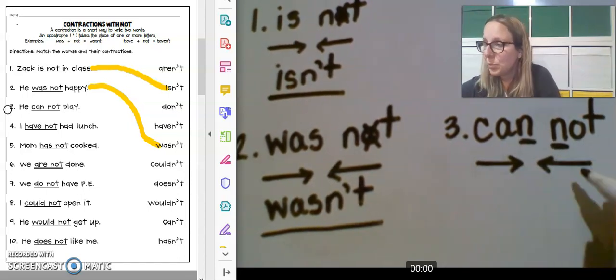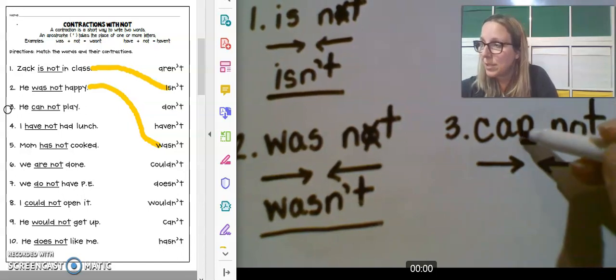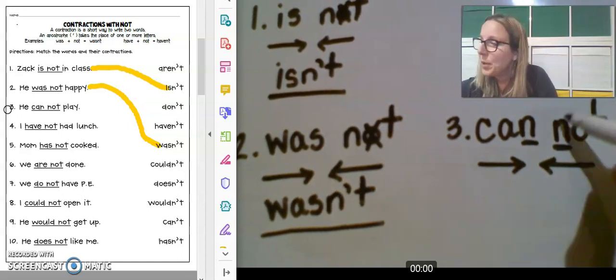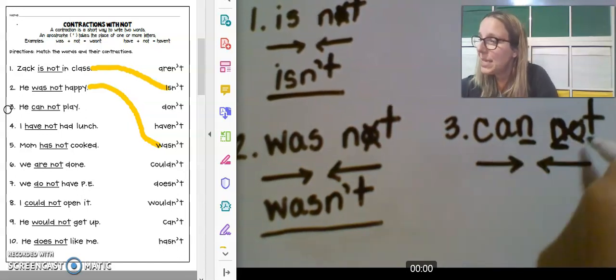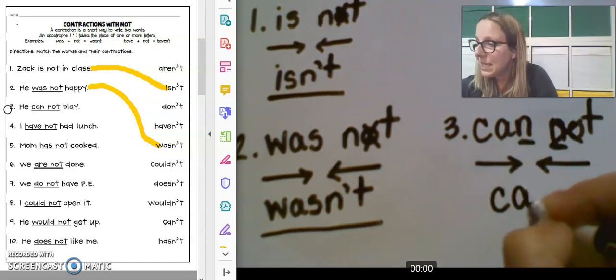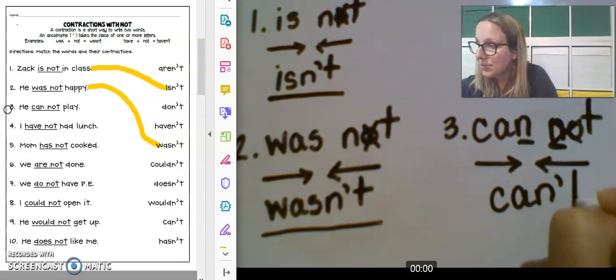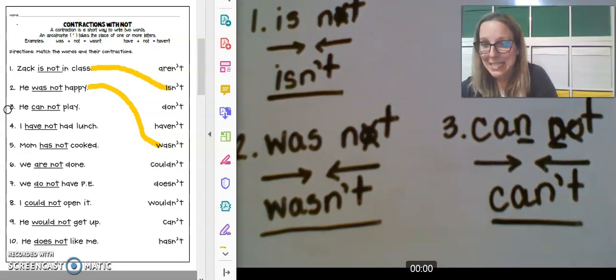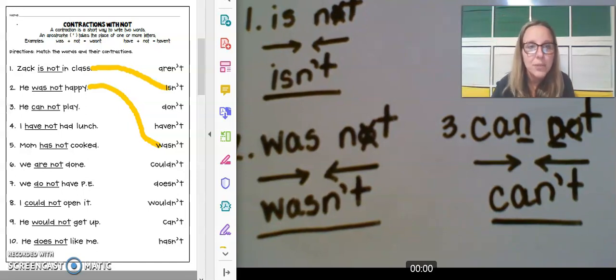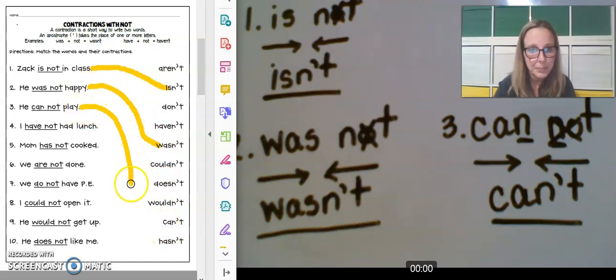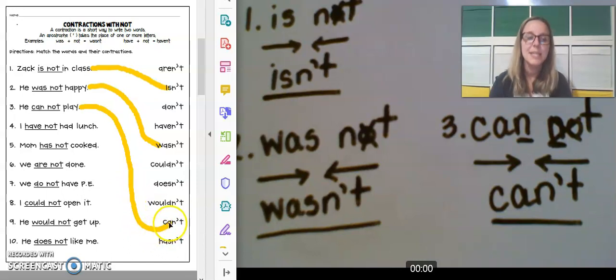So for this word, because we're combining the two N's, we're going to take out the N and the O. So cannot becomes C-A-N apostrophe T, can't. We don't need two N's in the word can't. So if we look here, find the word can't, there it is. So from number 3, we'll draw a line down to the word can't.